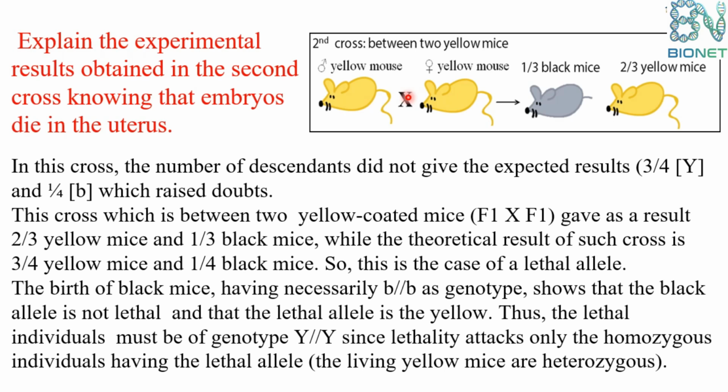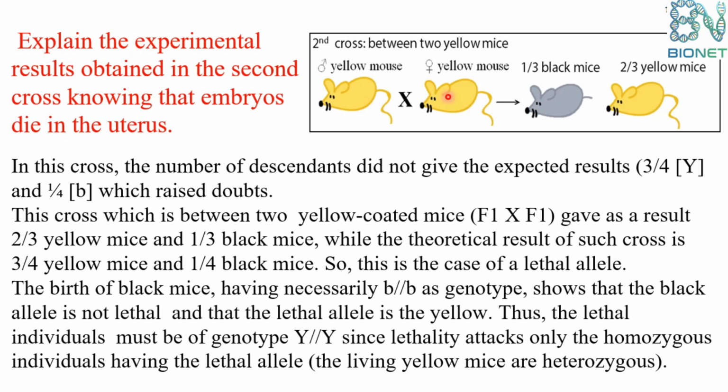So the expected results of such a cross should be, instead of 1/3 black, 1 out of 4, and instead of 2 out of 3 yellow, 3 out of 4. Okay, so theoretically, the crossing between two hybrid individuals should give 3 out of 4 individuals having the dominant phenotype and 1 out of 4 having the recessive phenotype.